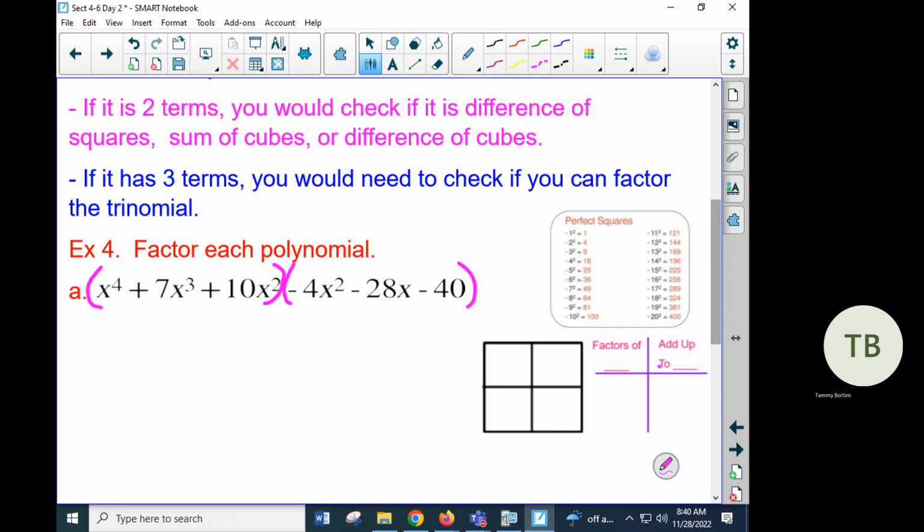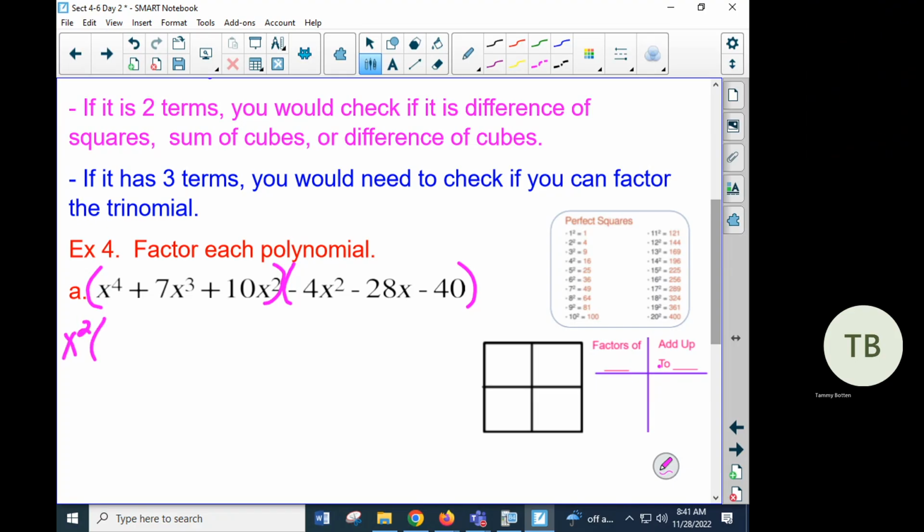When I do that second parenthesis, put it so that that minus sign is inside the parenthesis. Then I look at this first part and I think, what goes into all of these? And do you guys see that x squared goes into all of them? So I can take an x squared out front.